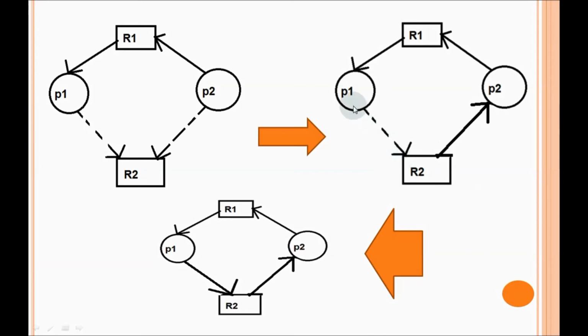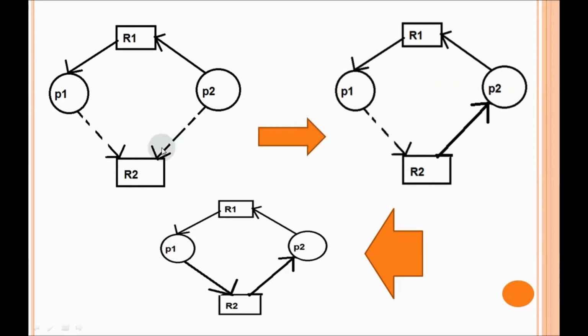So when P1 requests R2, this claim edge is converted into which edge? Request edge. You can observe here. The edge between P1 and R2 is converted into a request edge. Why? P1 is requesting R2. Right? Don't get confused, guys.